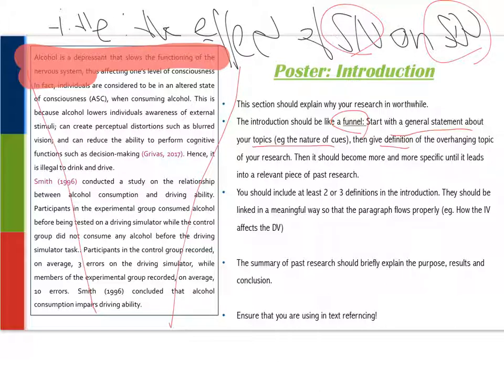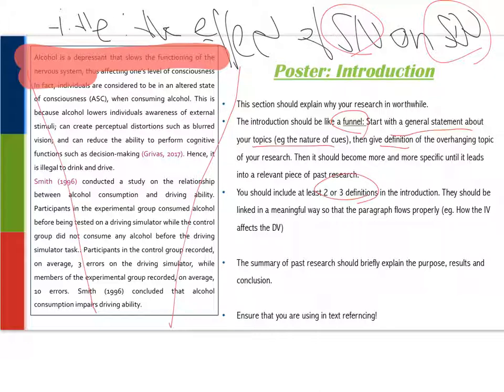Now just remember, you need to give 2 or 3 definitions within the introduction. So you definitely should be giving whatever your IV is. So in our case, it's going to be either state or context dependent cues. So you need to define that. And you also need to define what the DV is going to be. So in our case, it's going to be memory retrieval.